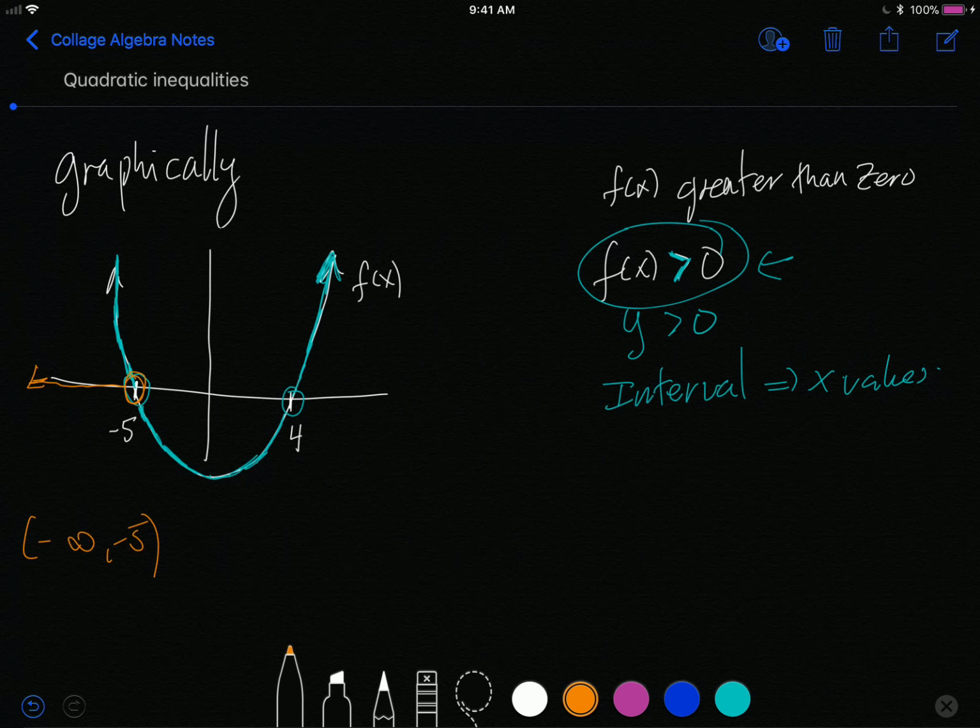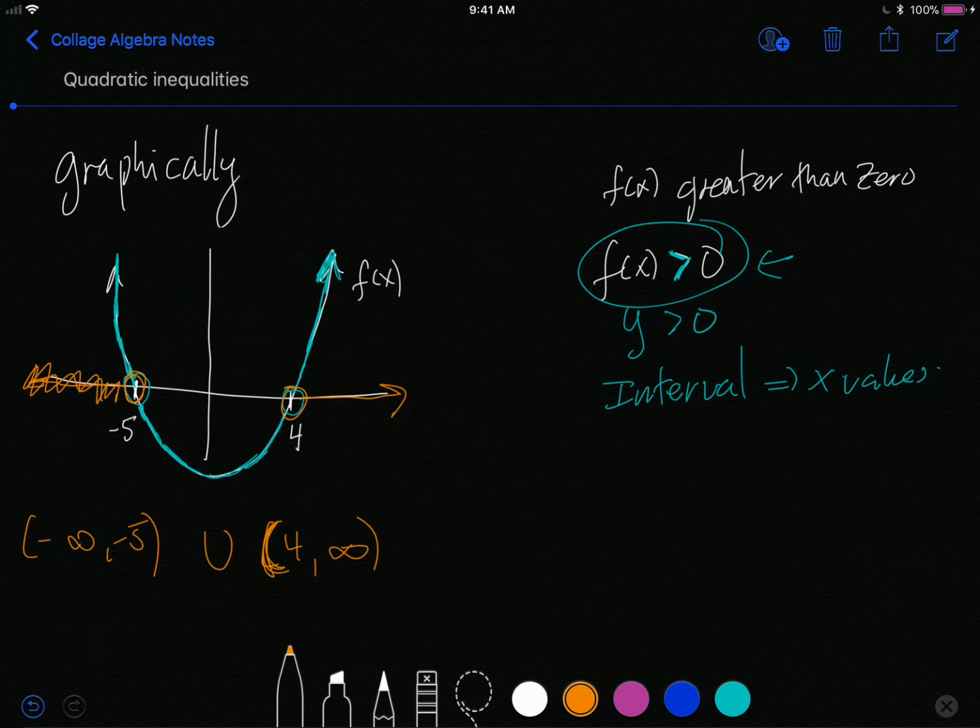While, on the other hand, from 4 to infinity, the graph again is above the x-axis, with parentheses. And so the solution is that whenever I'm between -infinity and -5, and when I'm between 4 and infinity, the graph is above the x-axis.